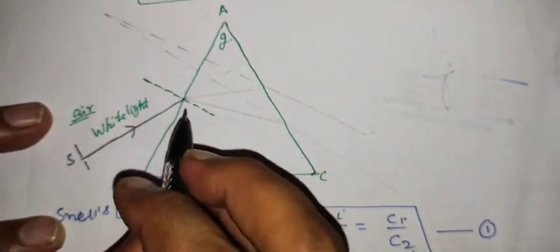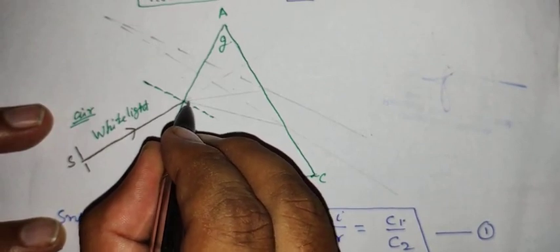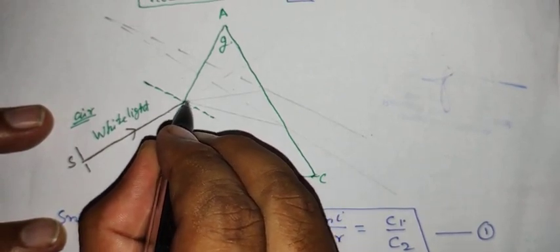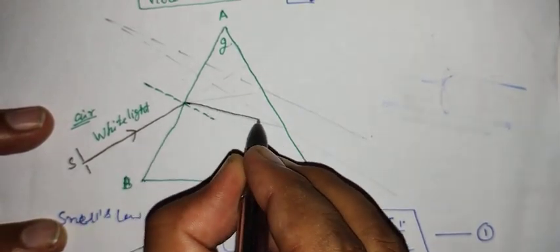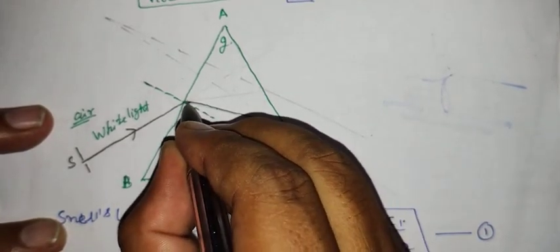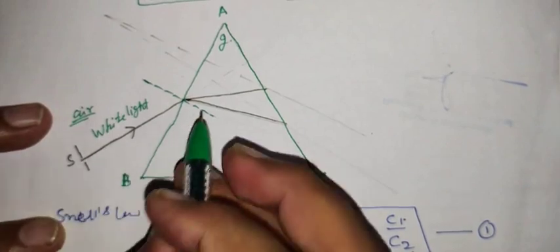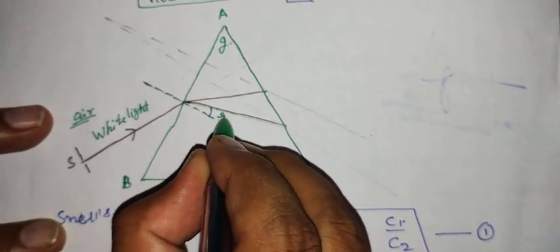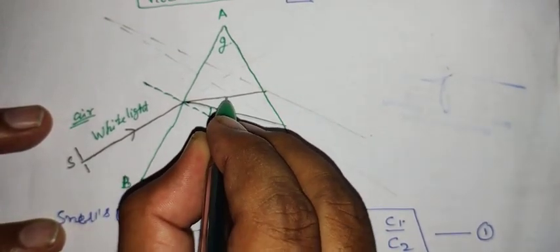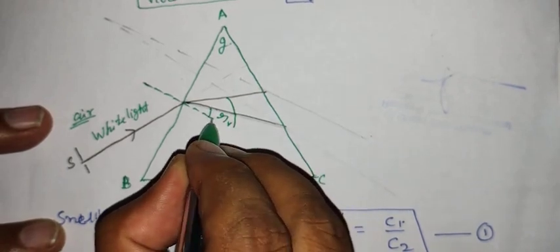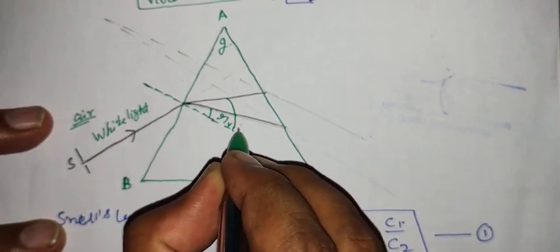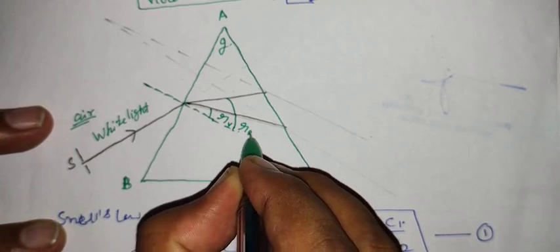So in that condition, this ray of light is refracted in different directions from violet to red. See in the diagram, this is the angle of refraction for violet color and this is for red color.